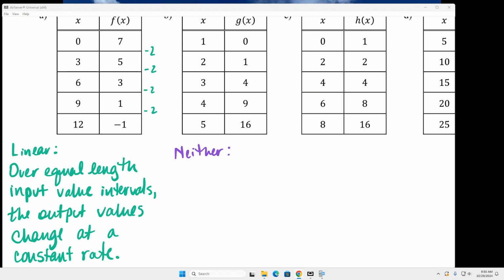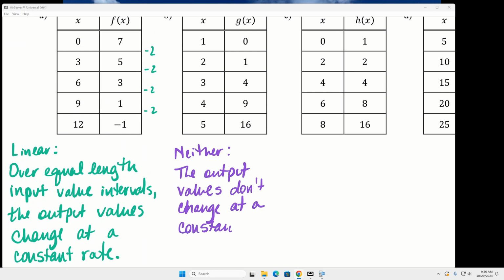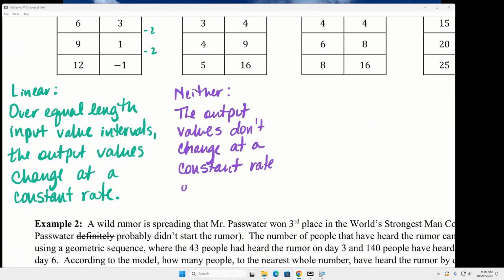So when it's neither, we can skip the whole equal length input value intervals on this one, but we would just say that the output values don't change at a constant rate, or change proportionally.